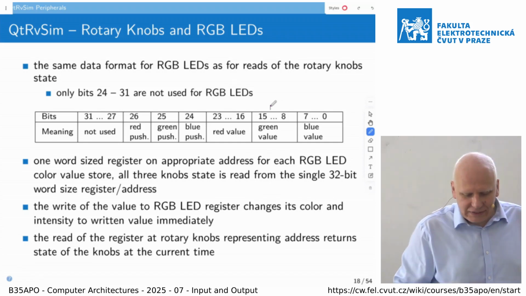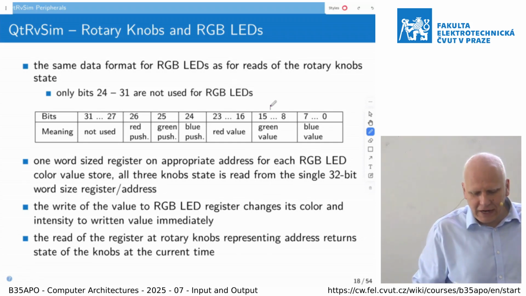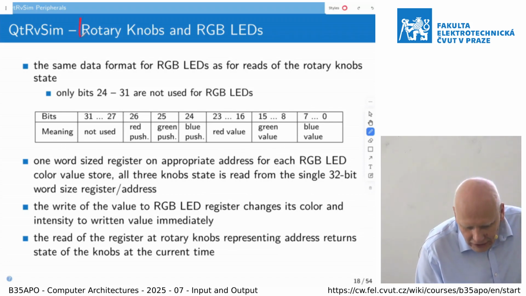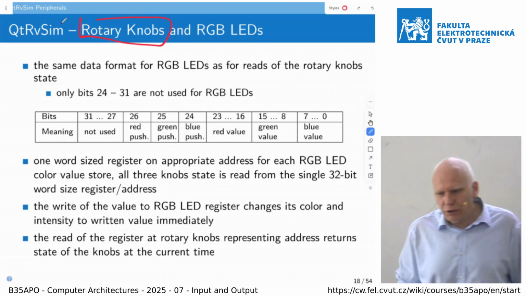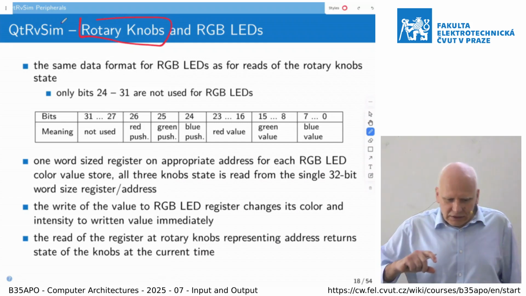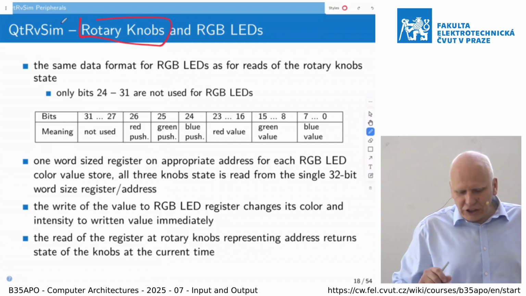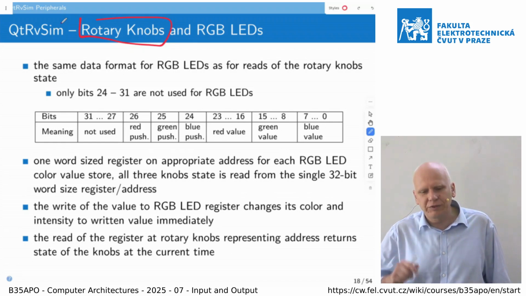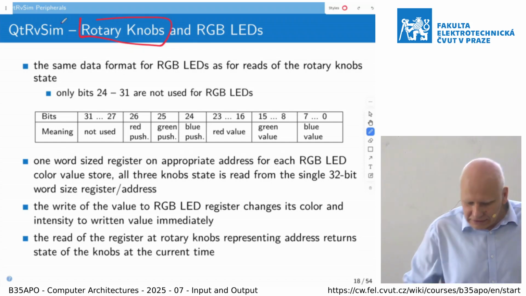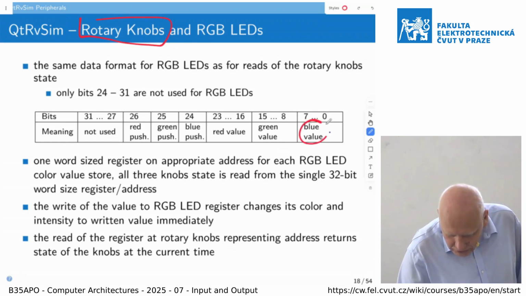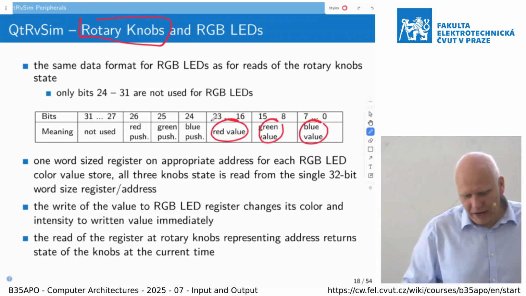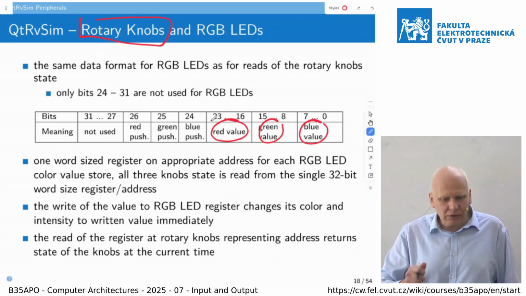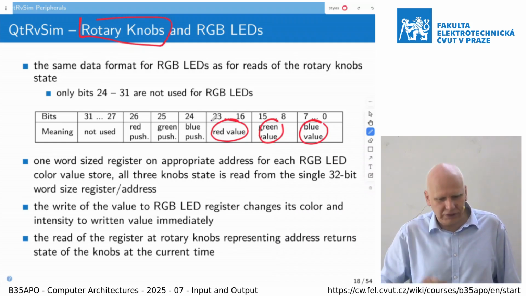So the first set of peripherals which are interesting to test are rotary knobs. Those are 3 knobs which allow you to tune the value from 0 to 255. This way we can tune the 1st, 2nd, and 3rd byte, and a read from that address will return the actual state of those 3 knobs.